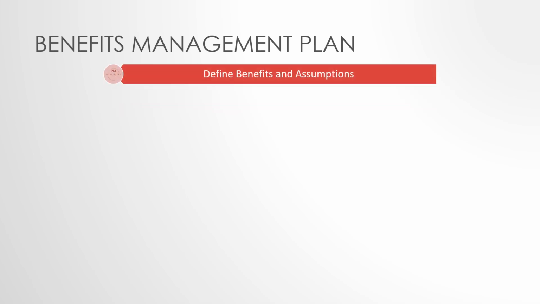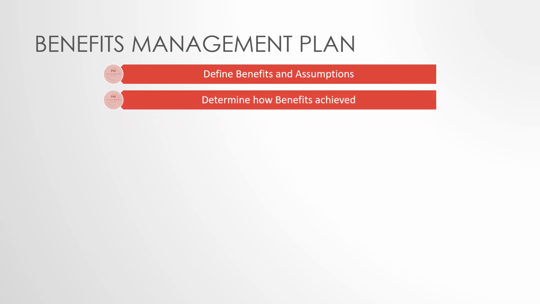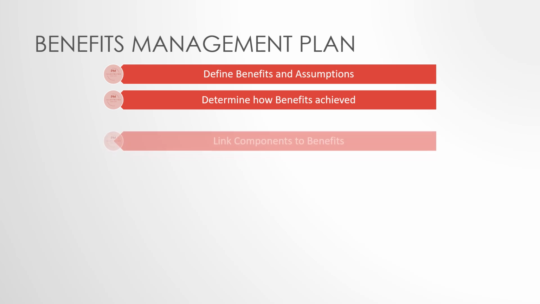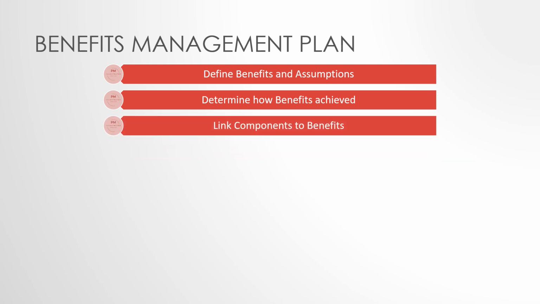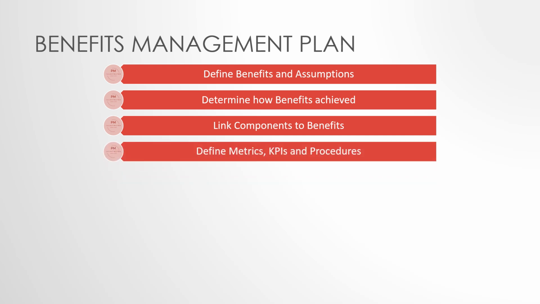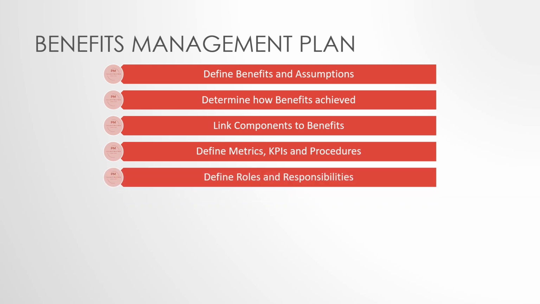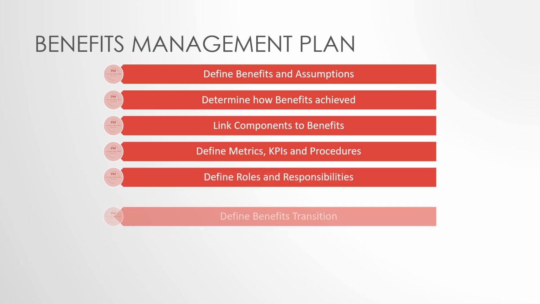To sum up, the benefits management plan should define each benefit and the associated assumptions, determine how each benefit will be achieved, link component outputs, outcomes, objectives, and key results to benefits. Define the metrics, KPIs, and procedures to measure benefits. Define roles and responsibilities required to manage the benefits.